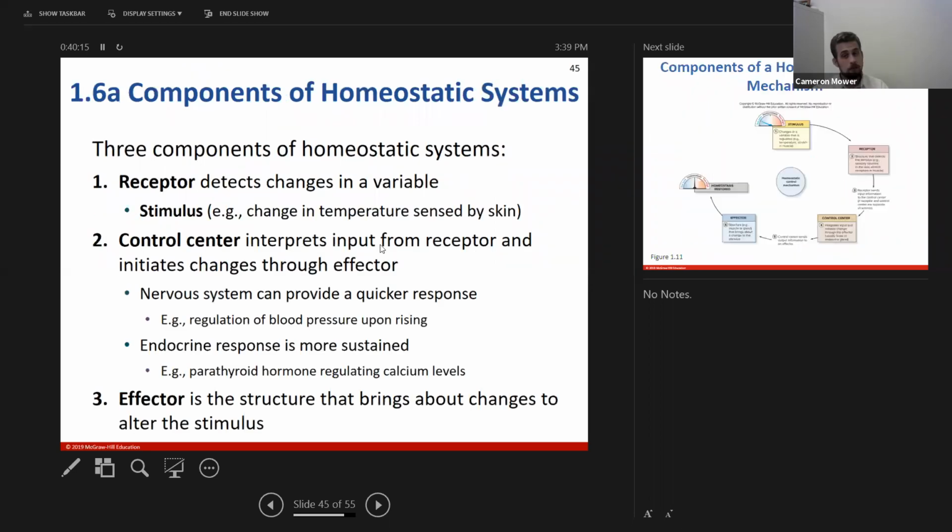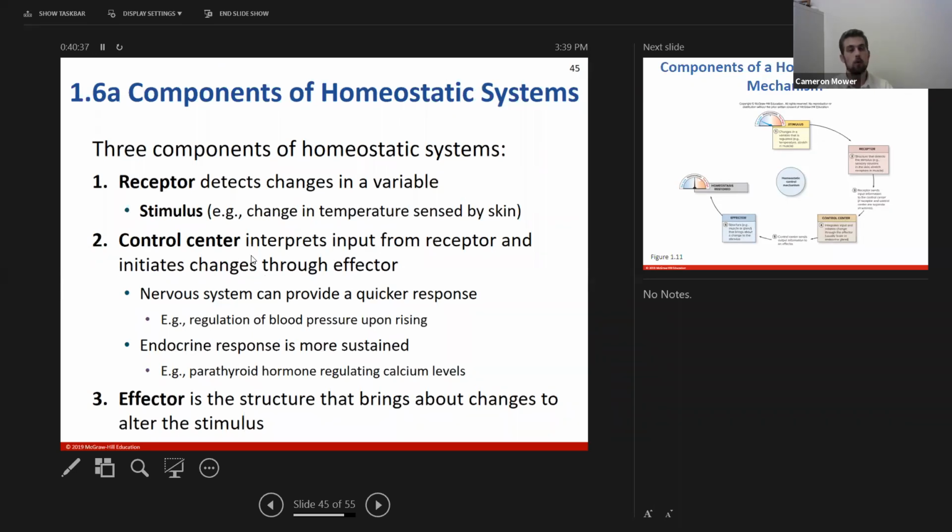And so we've got some components here of your homeostatic system. You've got a receptor, a control center, and an effector. The receptor is going to detect the change in the variable, for example, a change in temperature sensed by your skin.